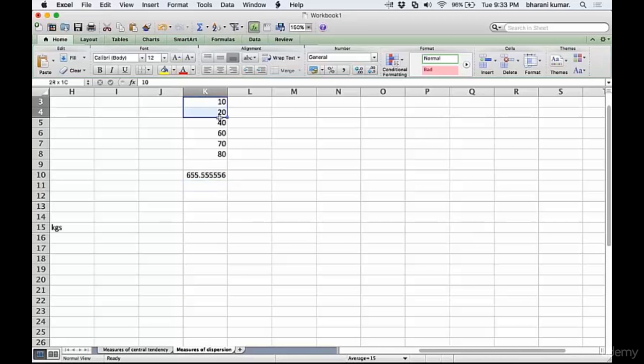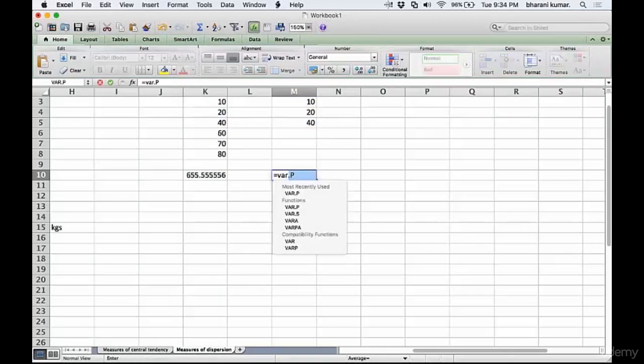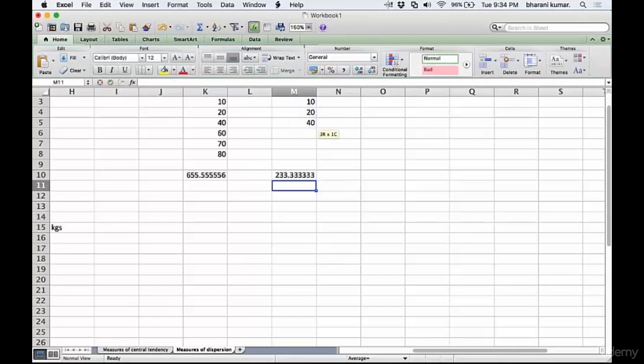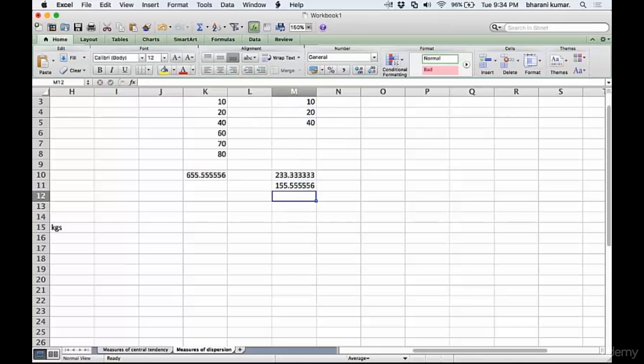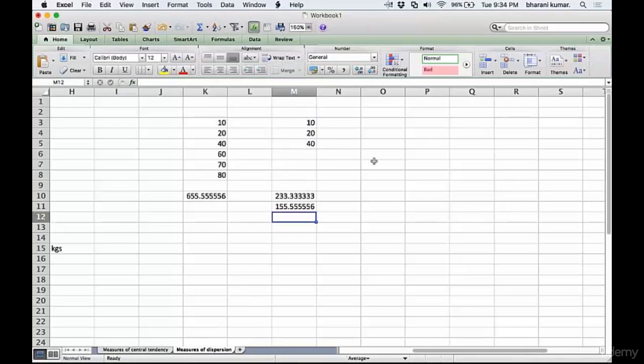However, if I take a sample, so I'm randomly taking a sample, and now if I try to calculate the variance for the sample, look at that, I get 233.33, right? And if I calculate variance for population here, I get 155.55.